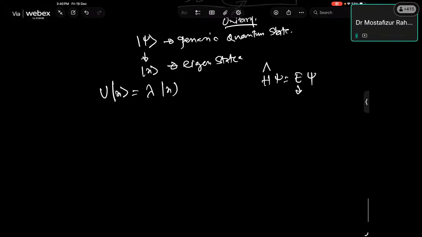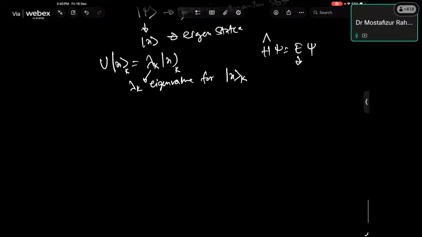There is one additional property on top of it. Suppose there are many such eigenvectors, and one of them is k, then you get a particular scalar lambda k, which is the eigenvalue for the eigenvector k. Now, if it is a unitary matrix, then the modulus of all lambda k equals 1.